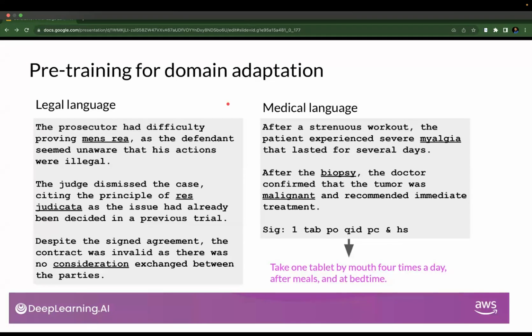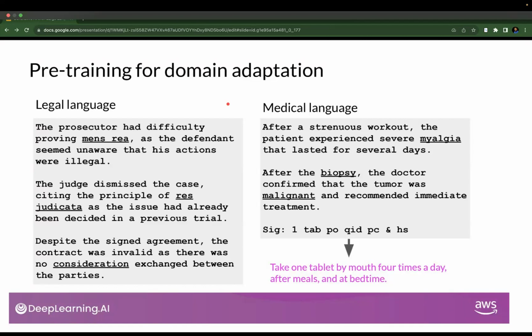One more aspect of LLMs is that even if the language happens to be English, for example, one of the widely used languages, still different domains have different flavors or different dialects of the language.